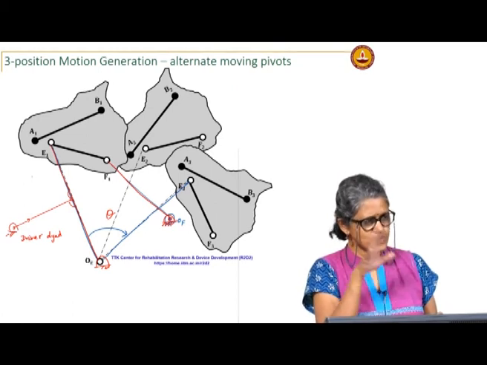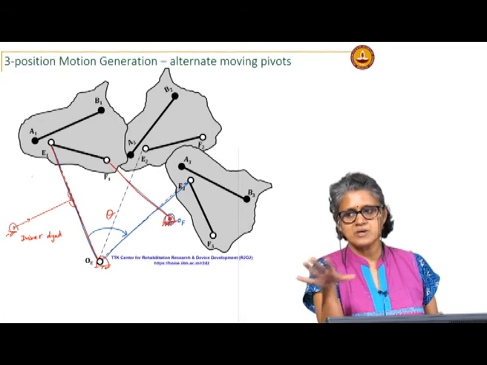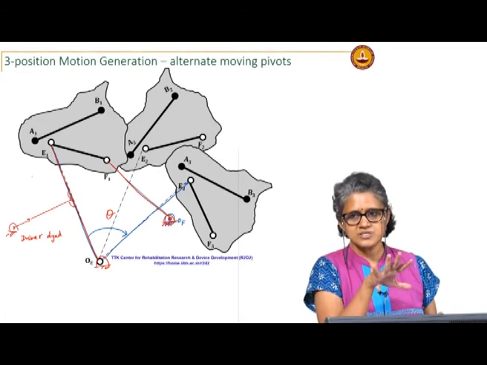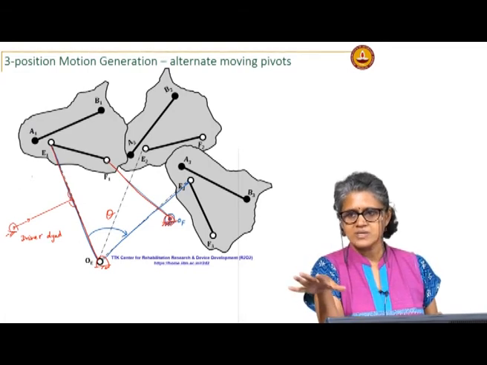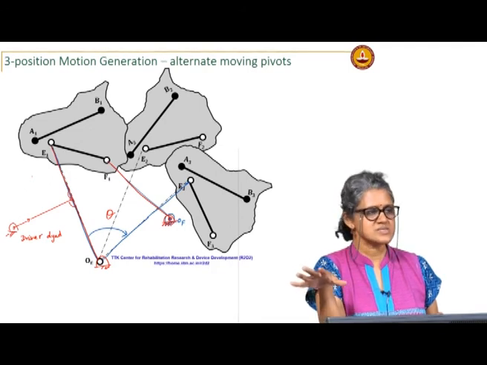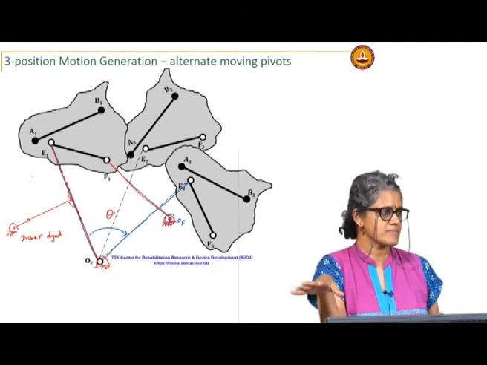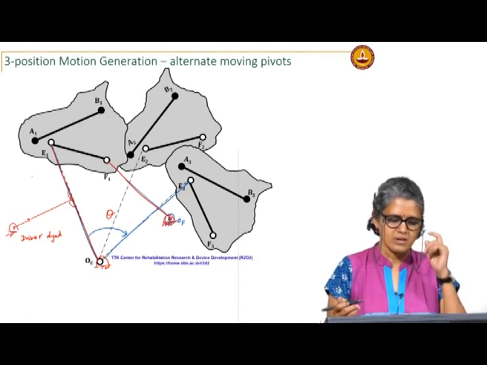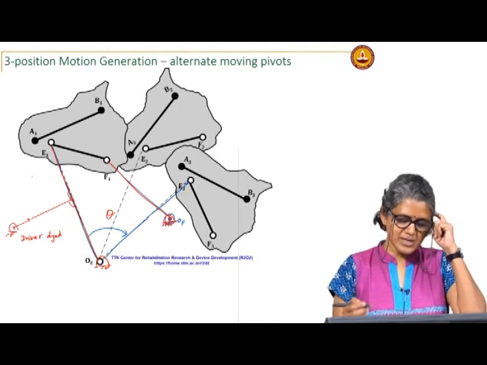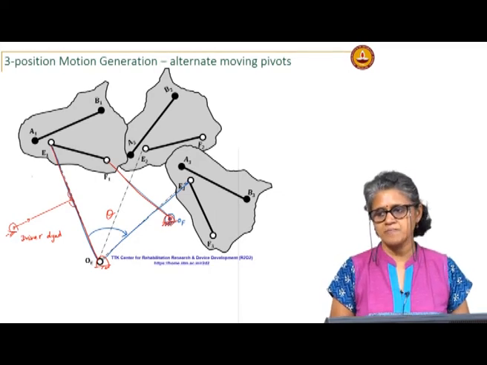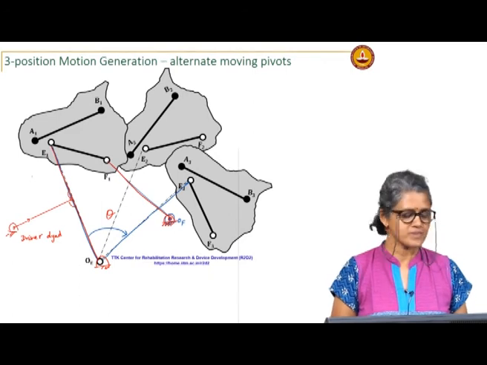Okay. So using simple geometry I have been able to accomplish all these synthesis objectives. So that is the beauty of the graphical methods. It's very simple and very intuitive.